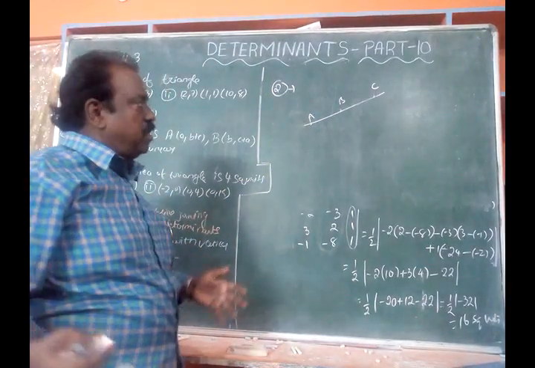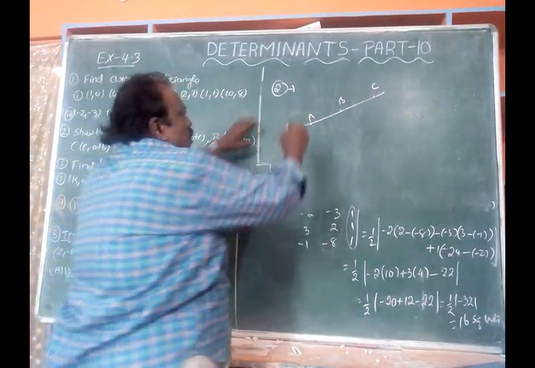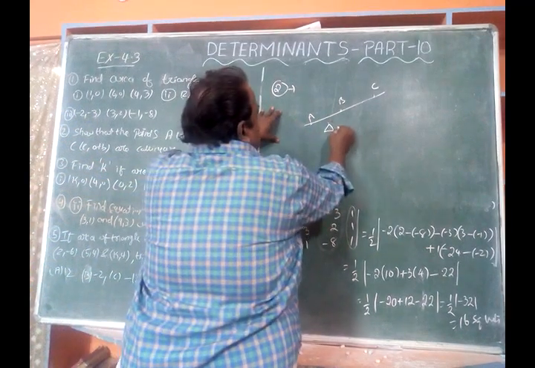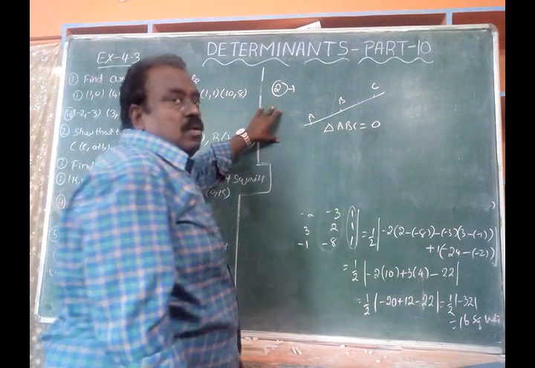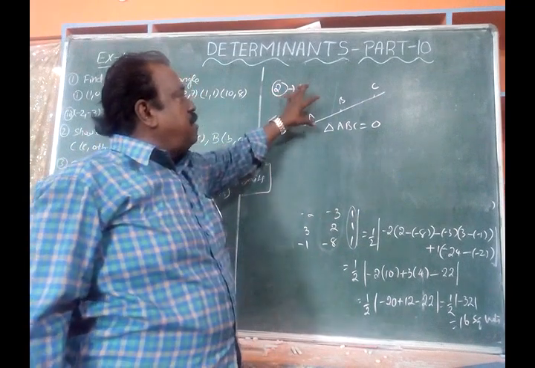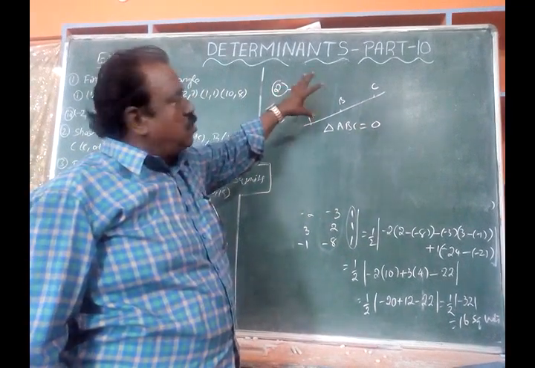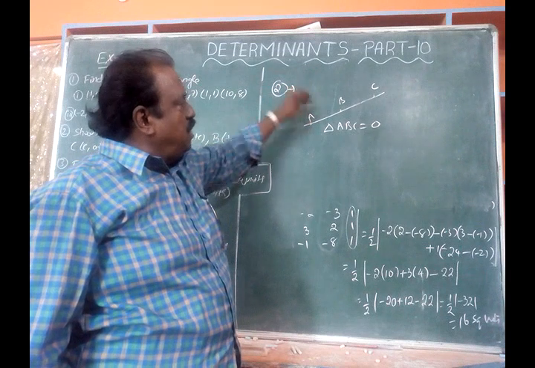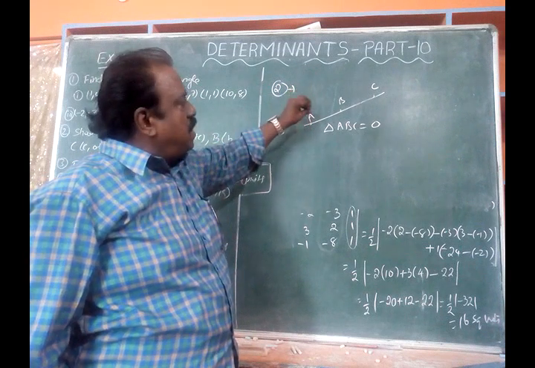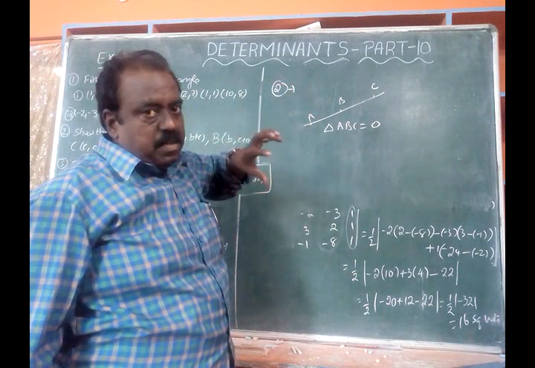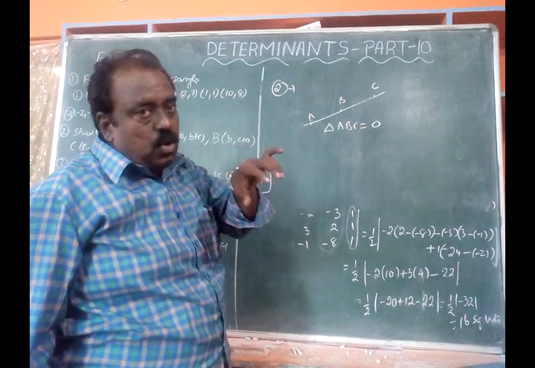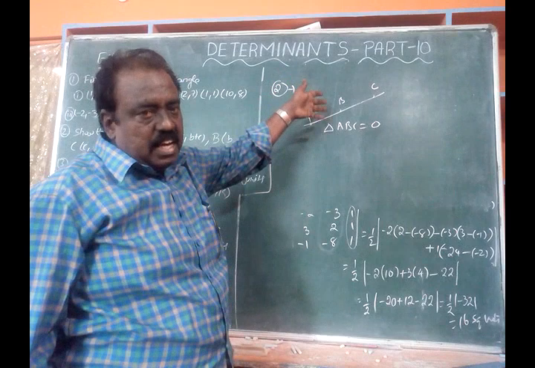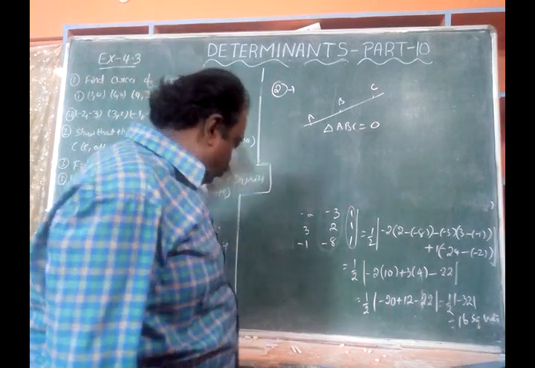Then they are said to be collinear. Then what about the area of triangle ABC here? It is 0. The triangle will not be formed by those points as vertices. So the concept is, if the area of the triangle is 0, it is collinear. That concept we have to use here.